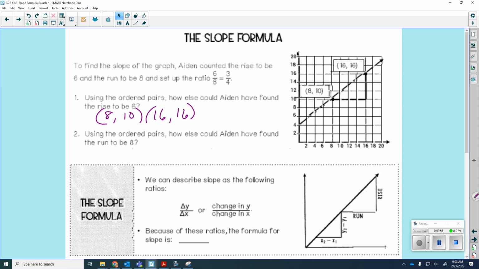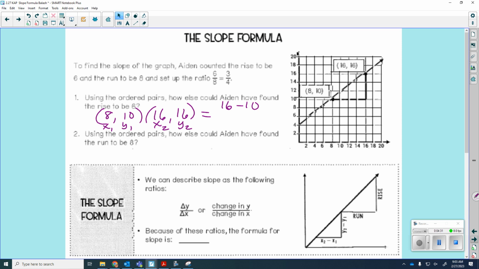16, 16. Now, here's the trick. It doesn't matter which one you call point 1 and point 2. It doesn't matter. So just label them x1, y1, x2, y2. Okay? So now, if we use our formula, y2 minus y1, that would be 16 minus what? 10, because it's y2 minus y1.